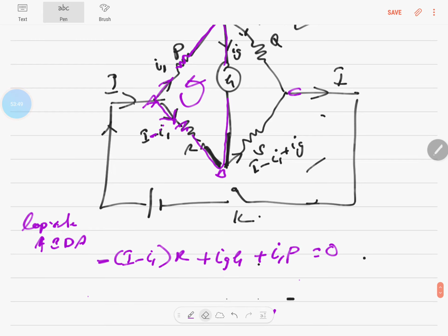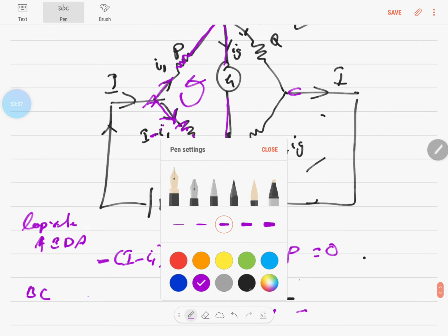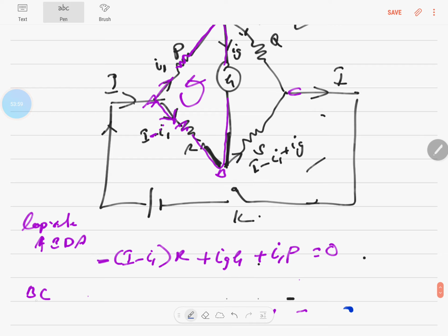So let's go to the second loop, which is B, C, D, B. Let me do it in different colors so that you're clear. I'm going to start from B, going anticlockwise again. The current is flowing in the same direction as me, so that's got to be negative.